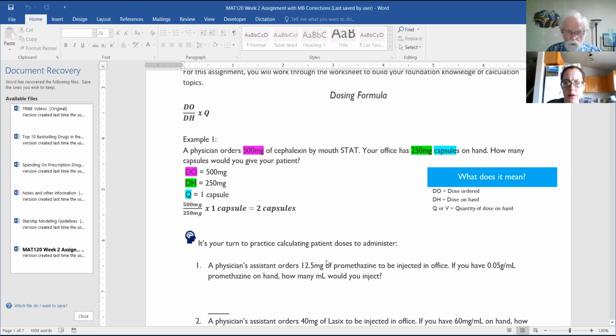So this is the dose ordered, 12.5 milligrams. This is the dose on hand, 0.05 grams. And Q is 1 milliliter. We know it's 1 milliliter because there's nothing in front of it. There's no coefficient, no number in front of it. If this had been 5, then it would be 5 milliliters. That would be Q.